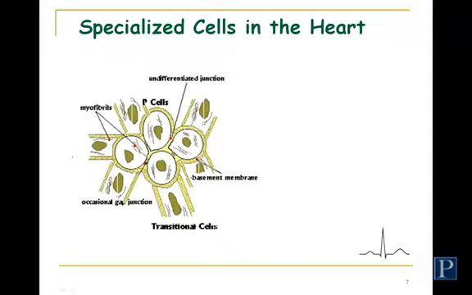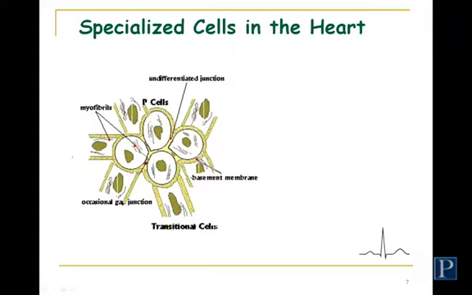Now these cells here, these P cells, are directly connected to atrial muscle cells. So once these cells start the ball rolling, the electrical activity will move out directly into the atrial muscle, but they also have these transitional cells that start moving the electrical impulse down towards the ventricles.